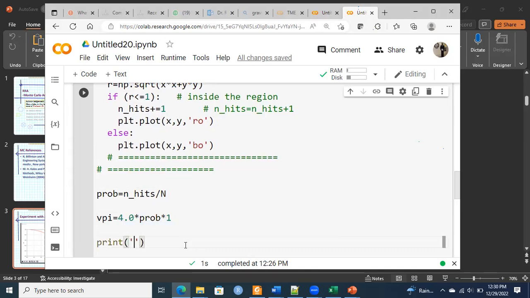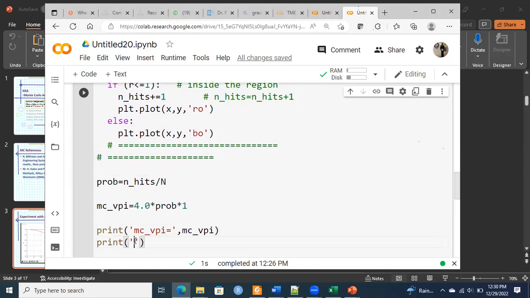So now the print statement. We should say Monte Carlo value of pi is equal to the variable name, and let's print the pi of numpy, numpy.pi. So that's it.